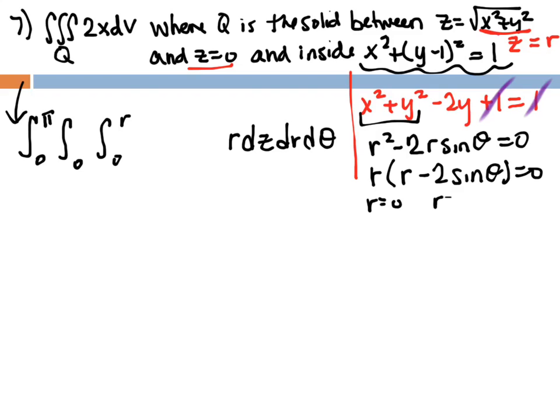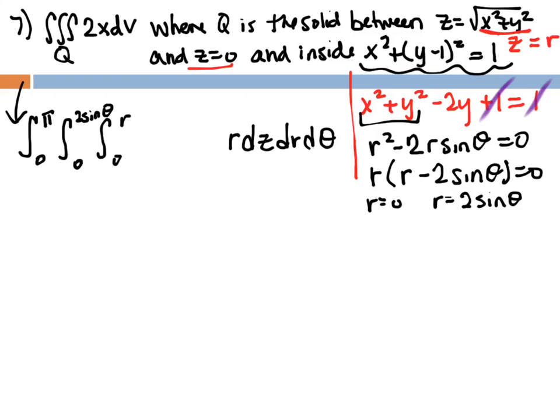And this other one is that r equals 2 sine theta. So that's my lower and upper limits of integration on r. R goes from 0 to 2 sine theta. This is the first one where we haven't had r be a fixed quantity. The context is just a little different.